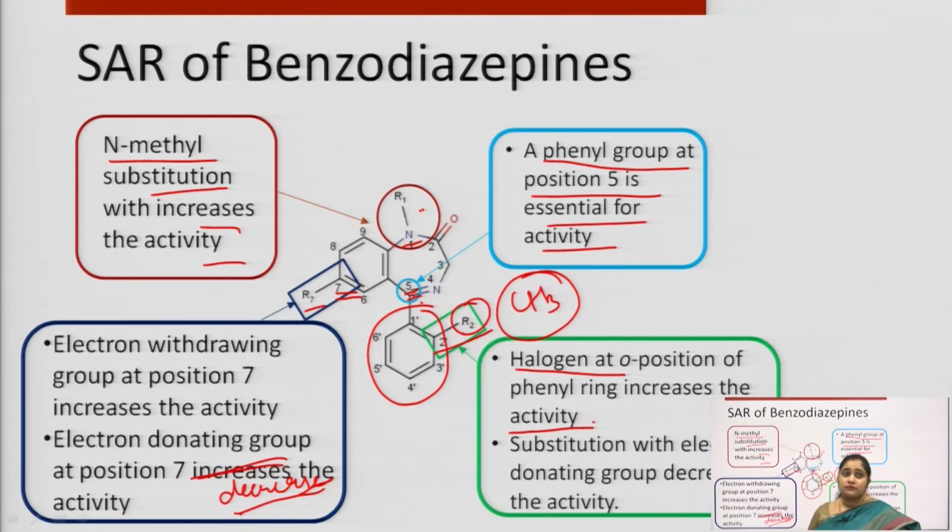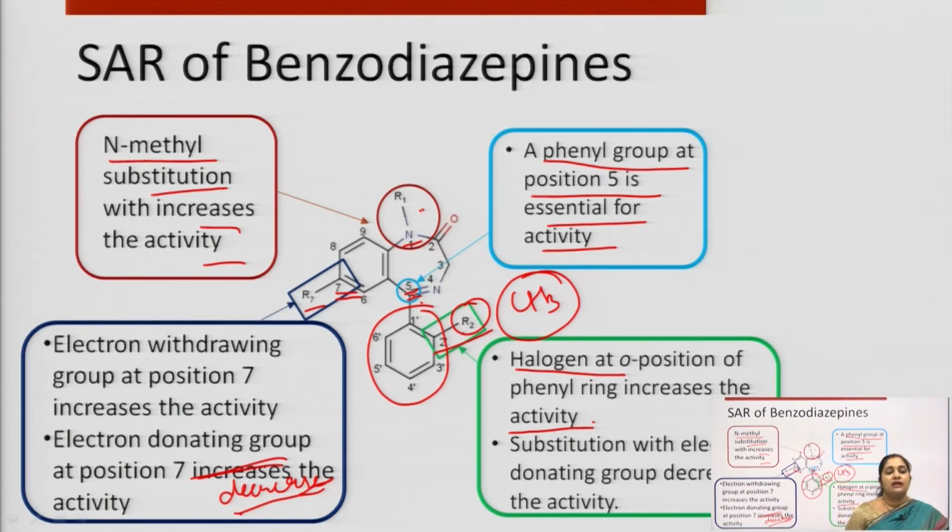So it is very evident for this benzodiazepine group that we have to make sure of the presence of electron withdrawing groups rather than electron donating groups, both at position R2 dash as well as at position number R7.